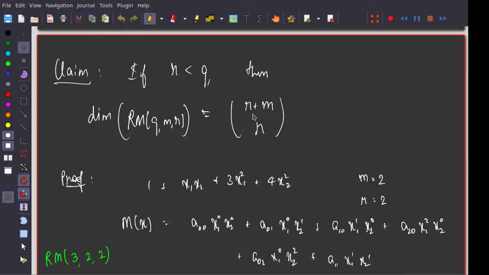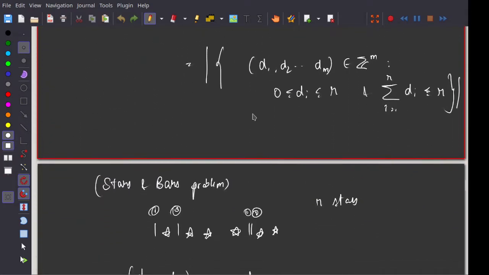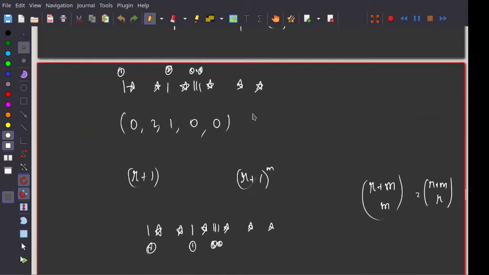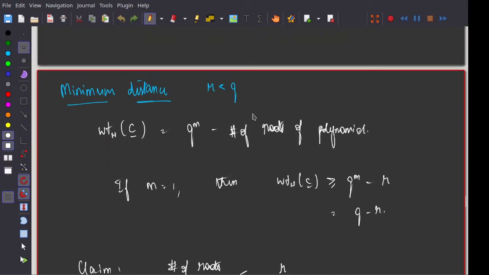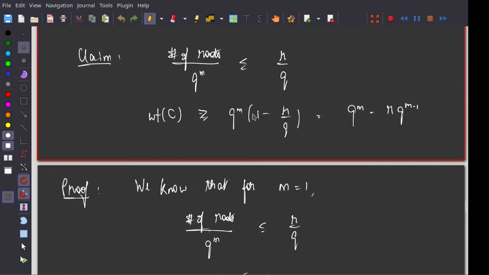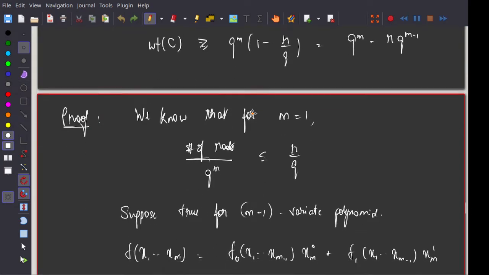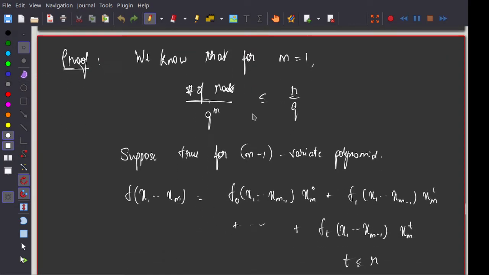To prove that the dimension is equal to R plus M choose R, we formulated this as a counting problem, and we exactly found an expression for that counting problem. For the minimum distance, again it's kind of a counting problem, but instead we did the following.